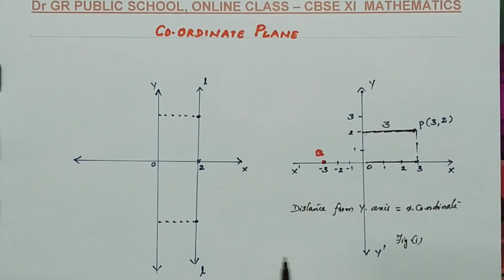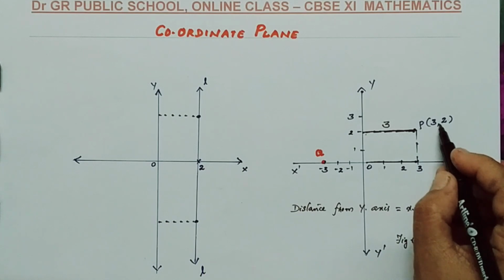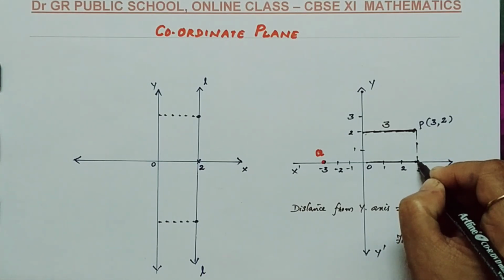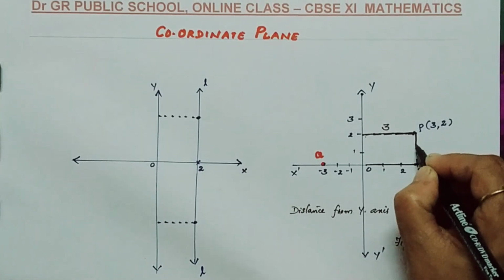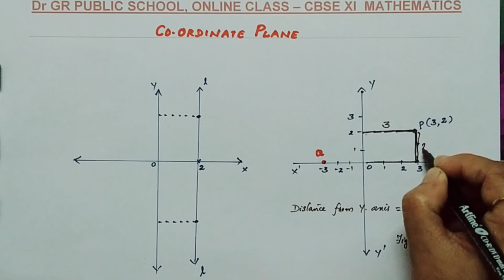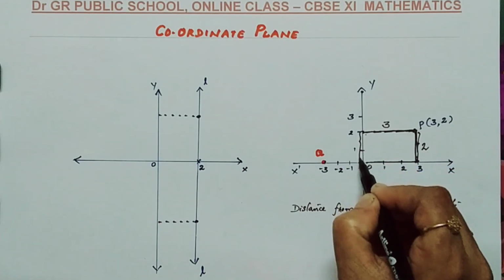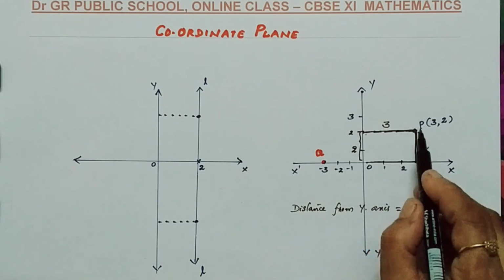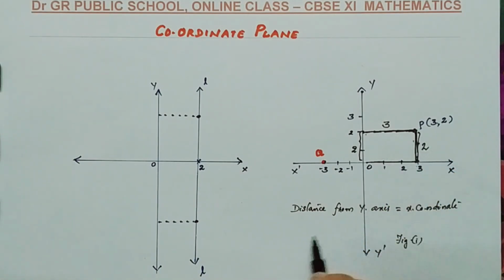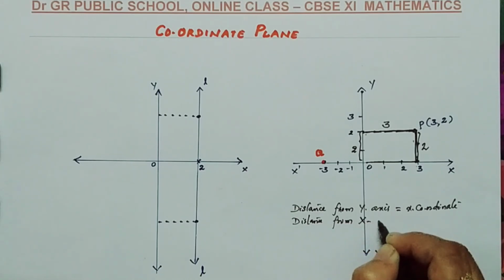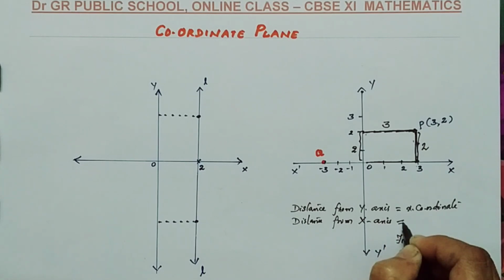And in the same way, the distance of this point from the x-axis, this is the x-axis, that is the perpendicular distance, is 2 units. Why? Because the same 2 units we need to keep here. So the distance of this point from the x-axis is 2.